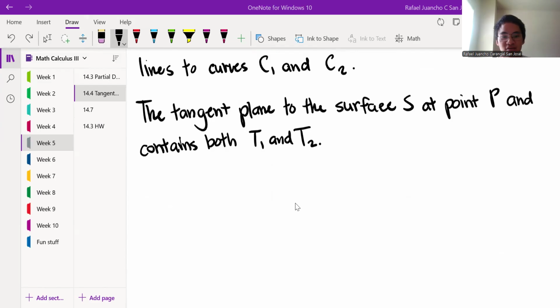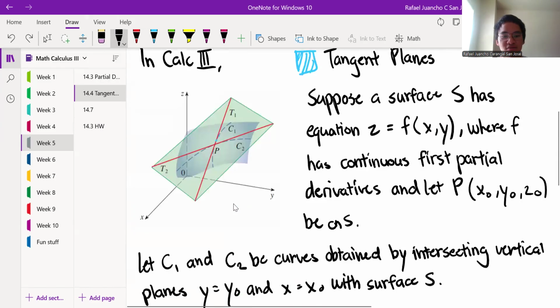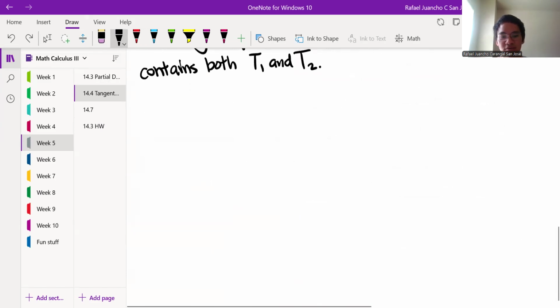And we will see in future sections, this is section 14.4, we're going to see in 14.6 that if C is any other curve on the surface S and passes through P, then its tangent line at that particular point P also lies in the tangent plane. So really, you can think of the tangent plane to our surface S at that point P as consisting of all possible tangent lines at P, right?